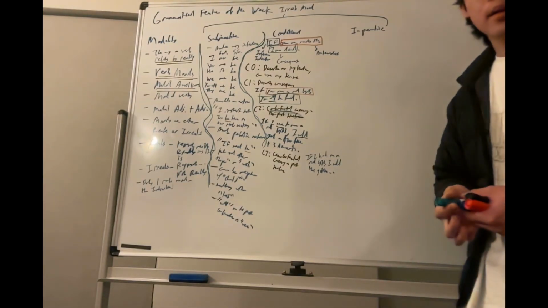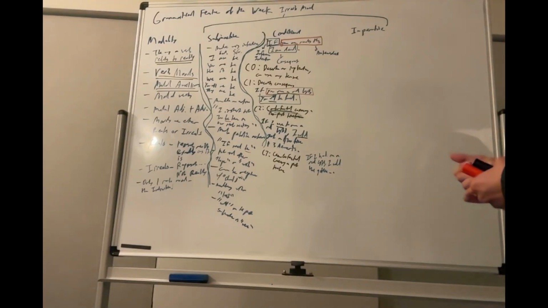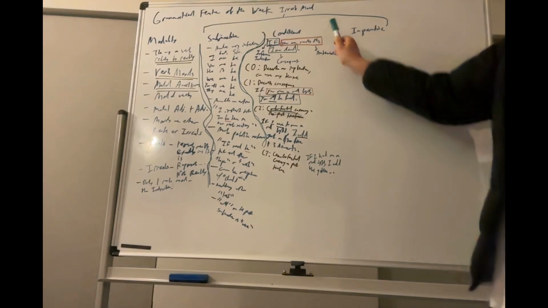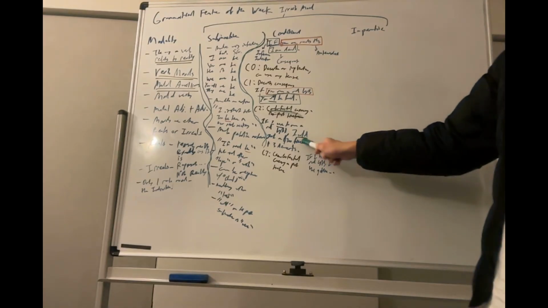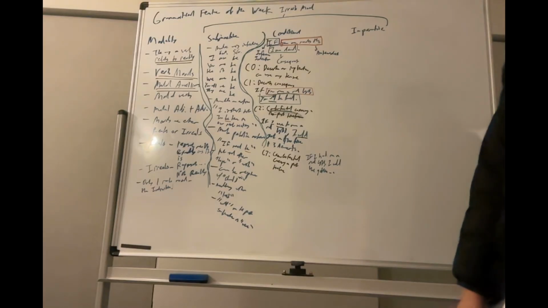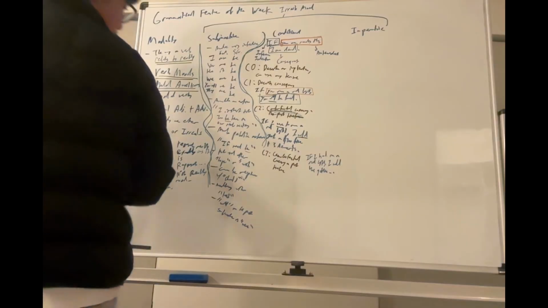So what is this? By the way, when I say the conditional mood, it is technically this: would and then the present tense. But it's really just a fancy modal auxiliary.